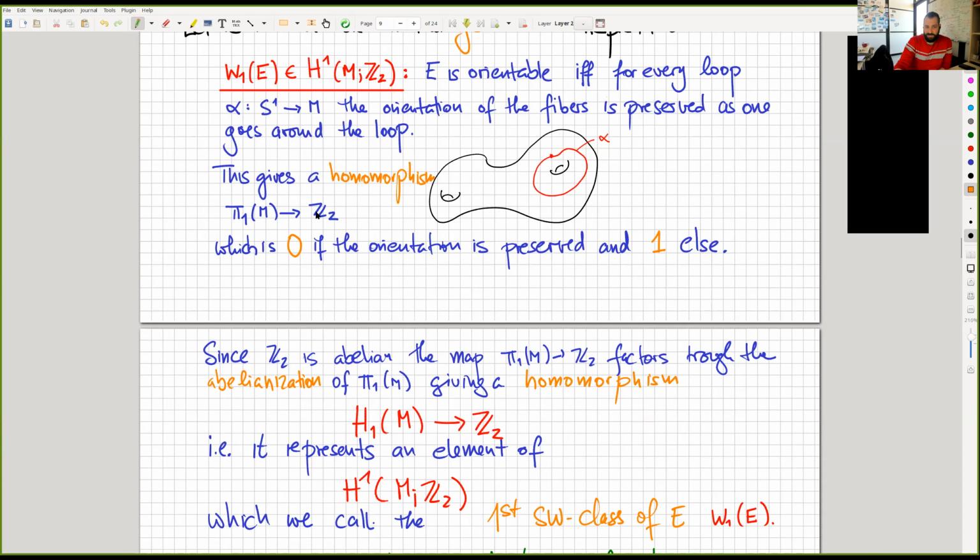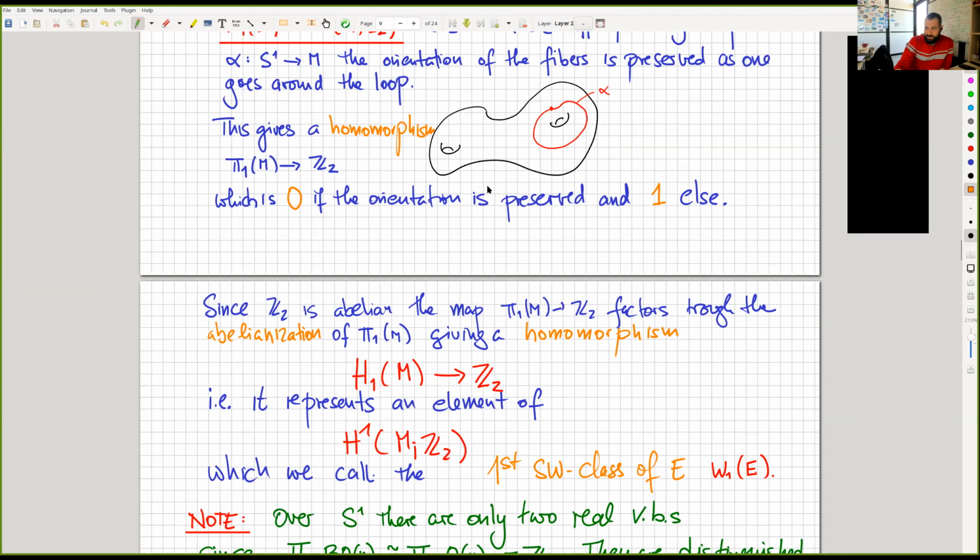Everything else you can't detect because this is abelian, right? And what is the abelianization of pi1? It's just the first homology group, right? So this means that this map factors through a map from here to here. So it gives a homomorphism from the first homology group into Z2.